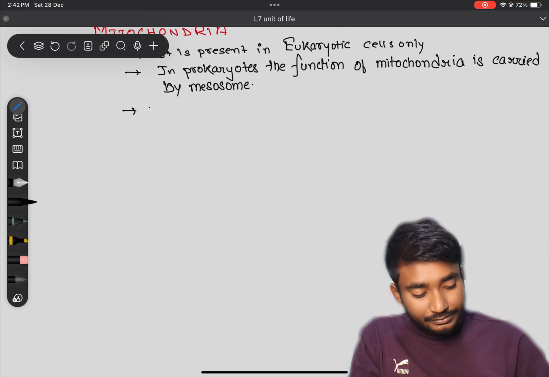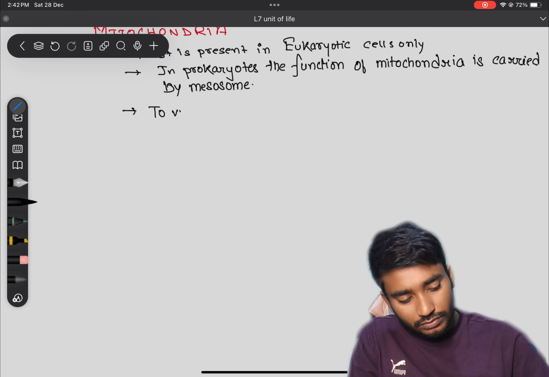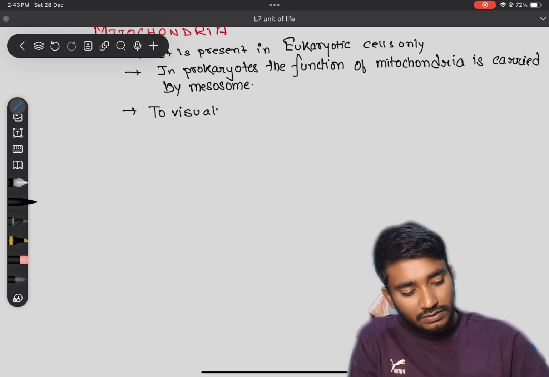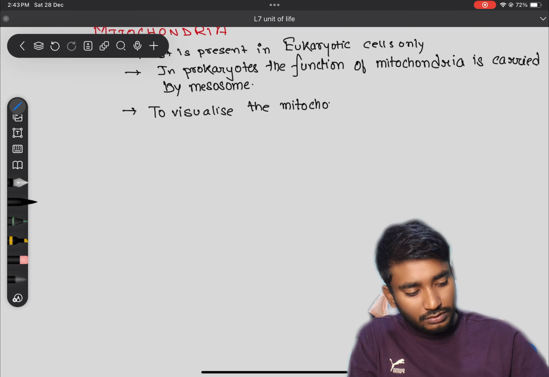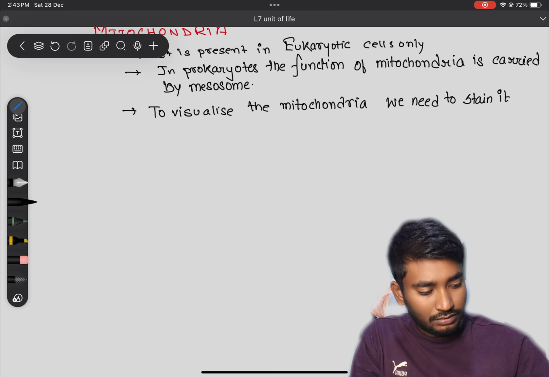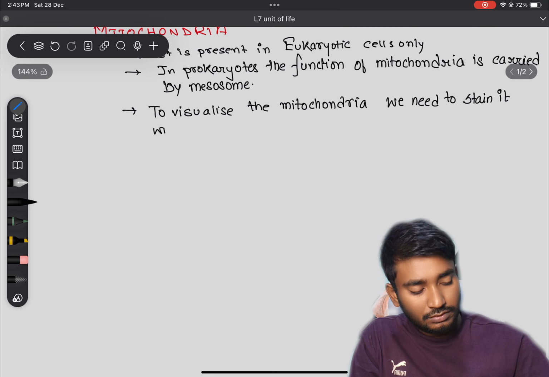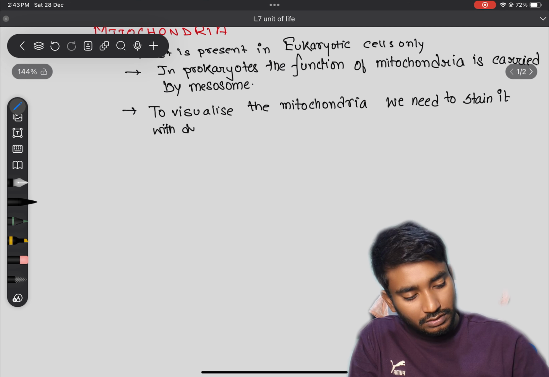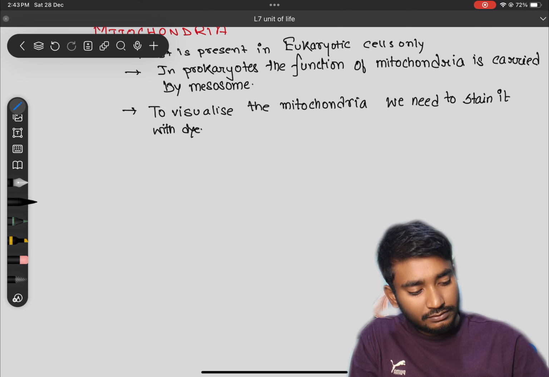To visualize the mitochondria, we need to stain it with dye.